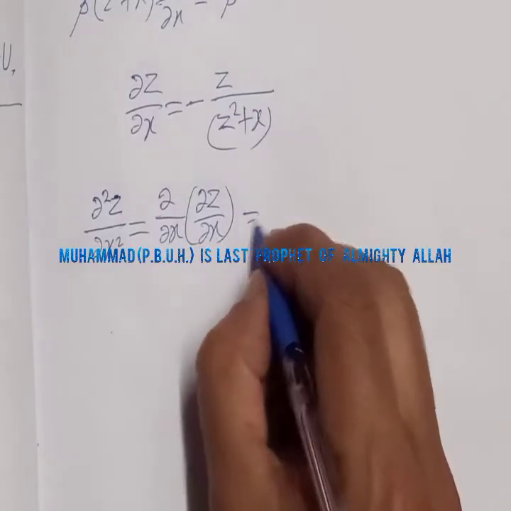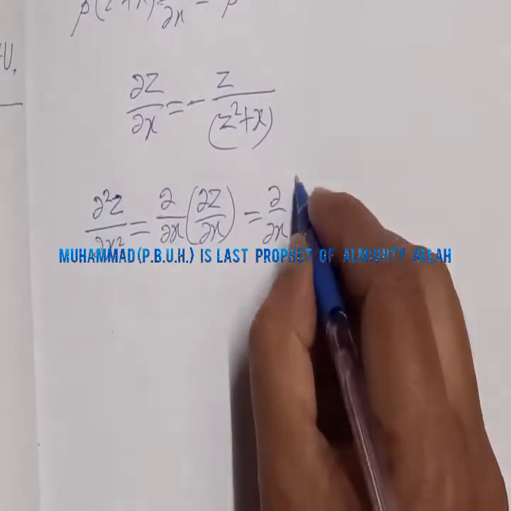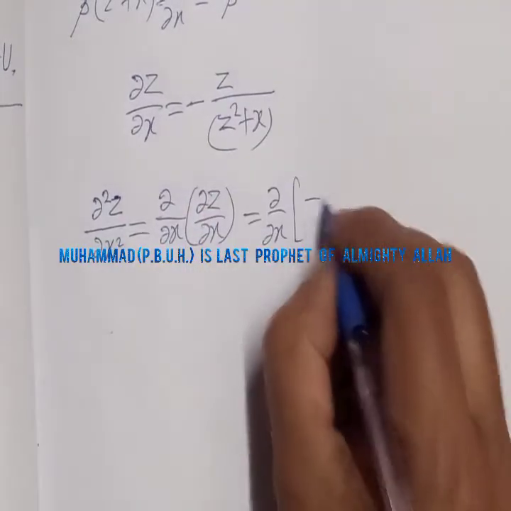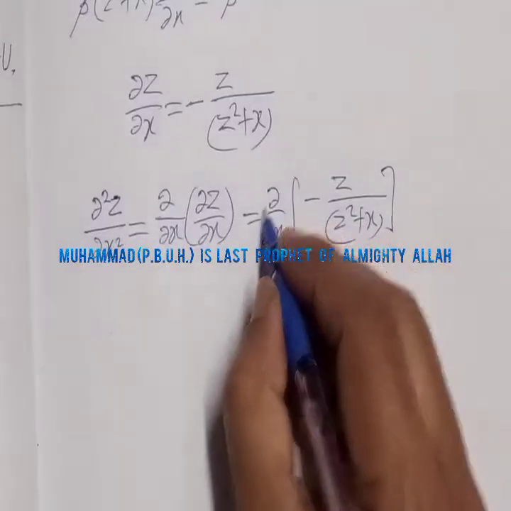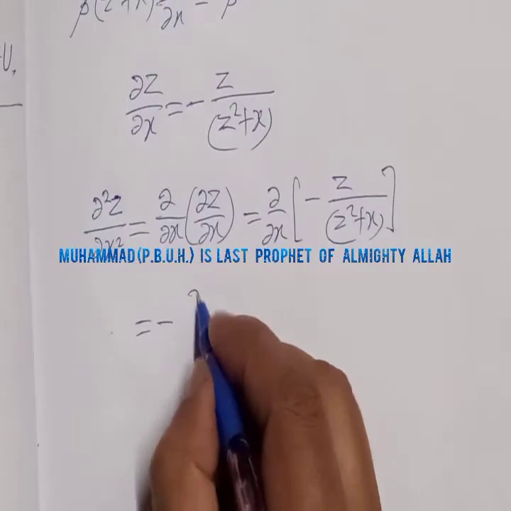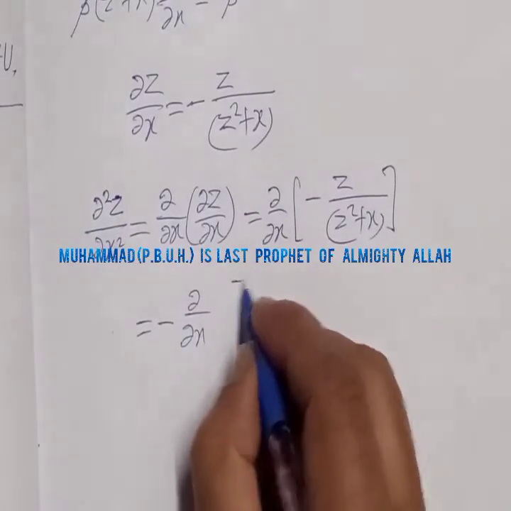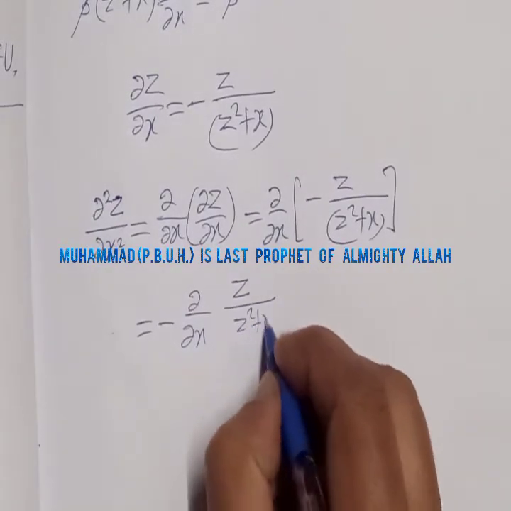So write this value and differentiate. This value is minus z over z square plus x. Take out minus from this bracket and only we have to differentiate z upon z square plus x.